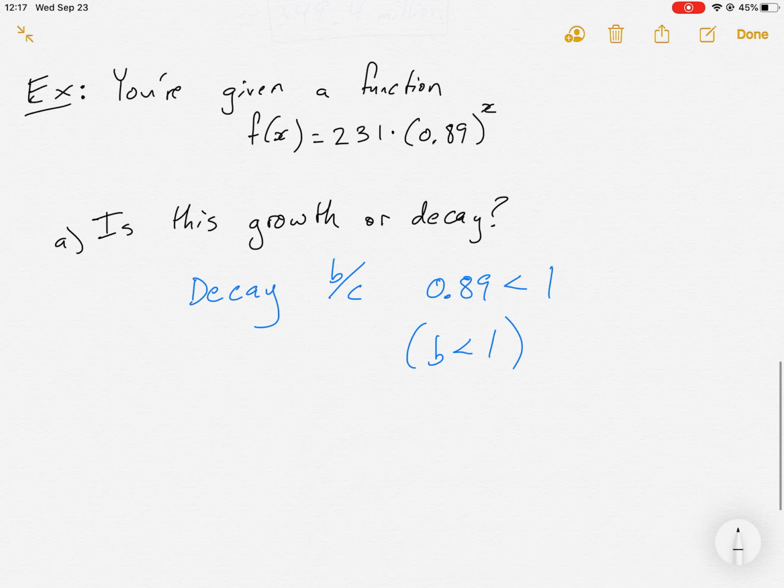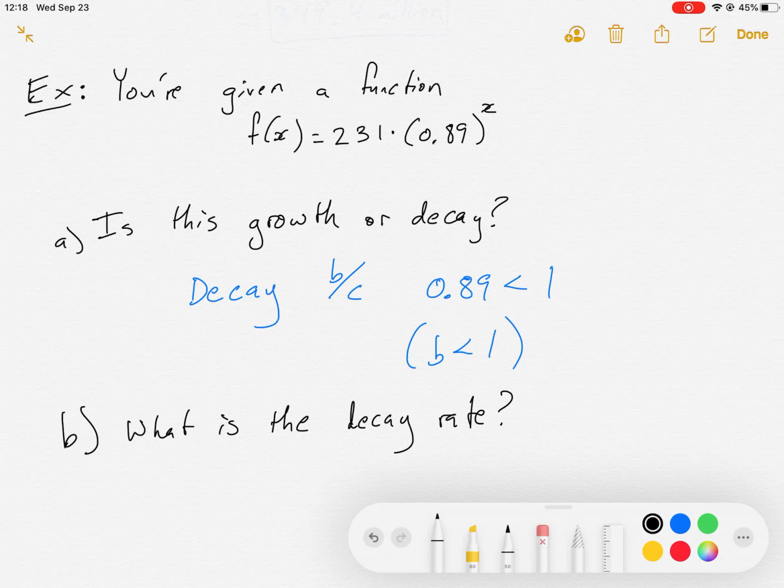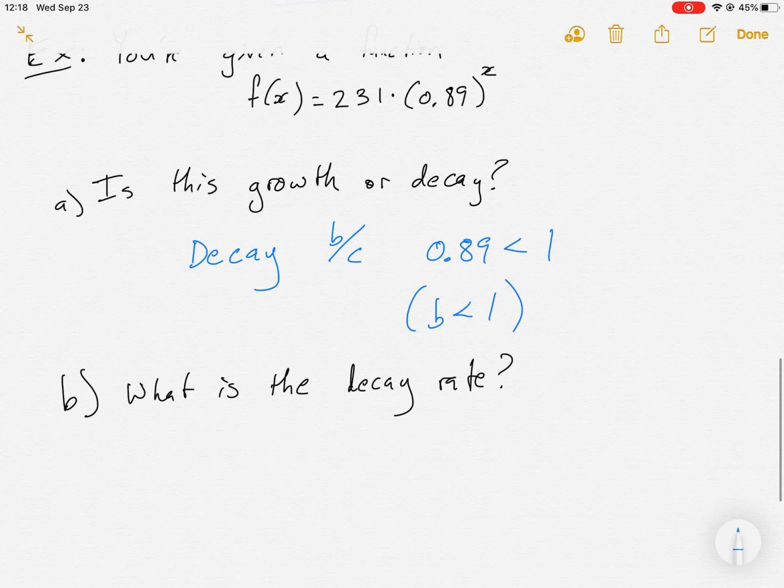And then I would say, well, since it's decay, what is the decay rate? And you would say, well, Mr. Edwards, to find that, we would say that B equals 1 minus R, and B is 0.89.